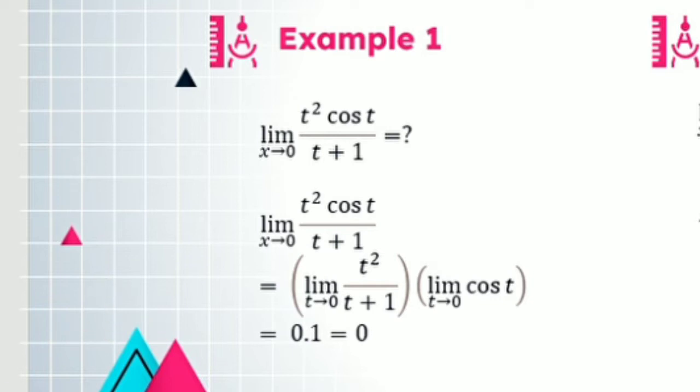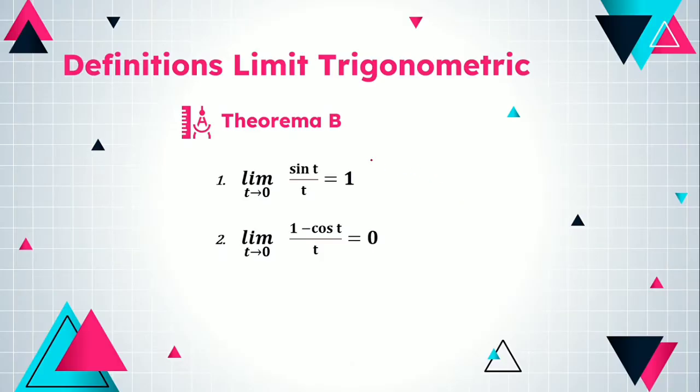We have this because 0 divided by whatever is 0, and then cos 0 equals 1, so we have 0 times 1 equals 0.